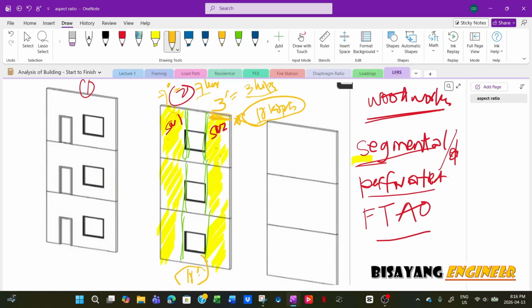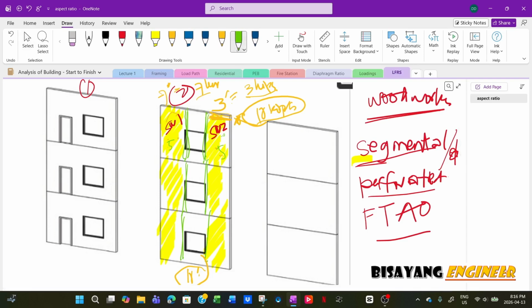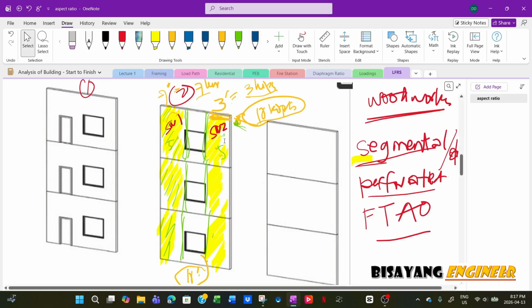If these are the same width, say for example this is 5 and this is also 5, then of course shear wall 1 and shear wall 2 are equal, and each carries 5 kips, or 5,000 pounds. So that is segmented. When you analyze that, of course, each is considered a separate shear wall. You analyze it for shear, overturning, bending, and deflection as a separate system.